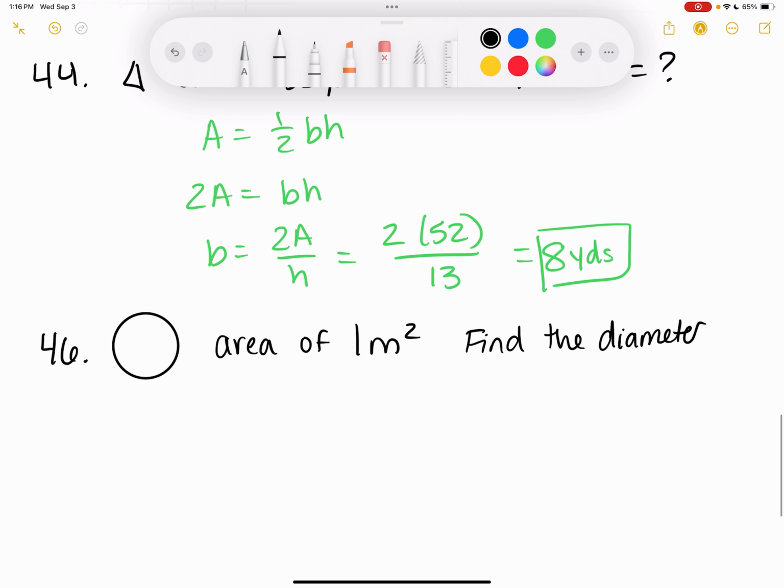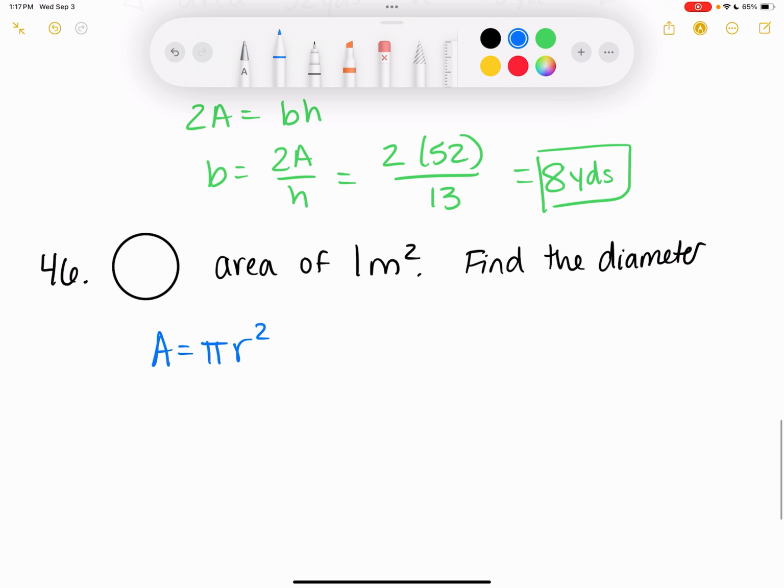All right, so what do we know about the area of a circle? It's pi r squared. So if I have the area, that's what they've given me here, I need to first find r. Now ultimately I'm finding diameter, but I can still go about it this way. So I'm going to have 1 divided by pi is equal to r squared.